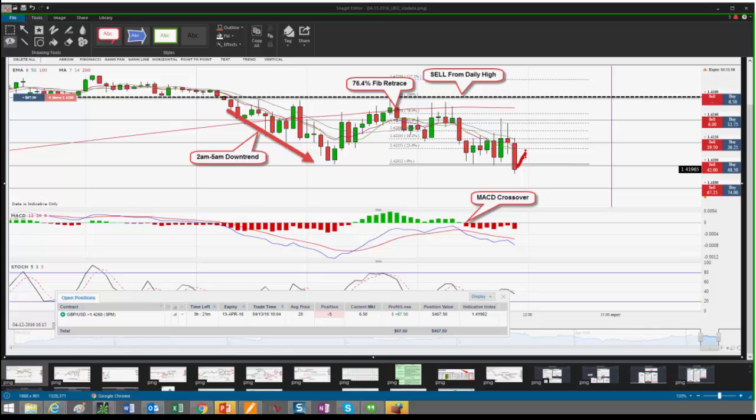Then the marketplace came back up, and after 2 o'clock in the afternoon, the marketplace just flatlines. It got up here and it just stayed flat. And that's where I actually bought the market from this strike, for the same risk-reward, and picked up the same result down here.